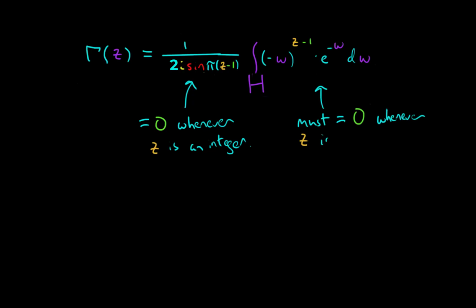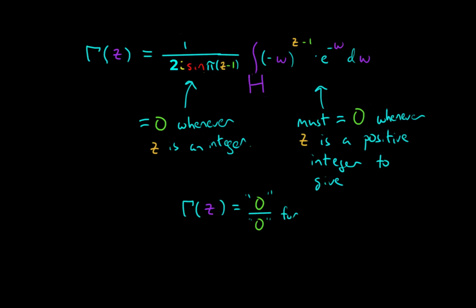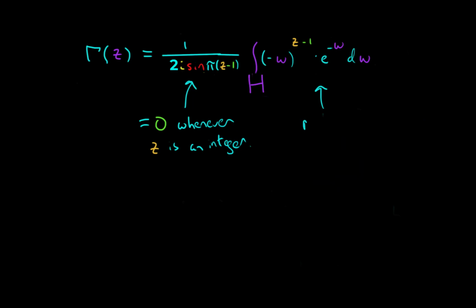That therefore indicates that the contour integral of the function negative w to the z minus 1 times e to the negative w dw must equal 0 whenever z is a positive integer, so that we obtain a 0 over 0 expression for gamma of z wherever z is a positive integer, and that 0 over 0 expression can be evaluated as a limit, which works out to z minus 1 factorial.